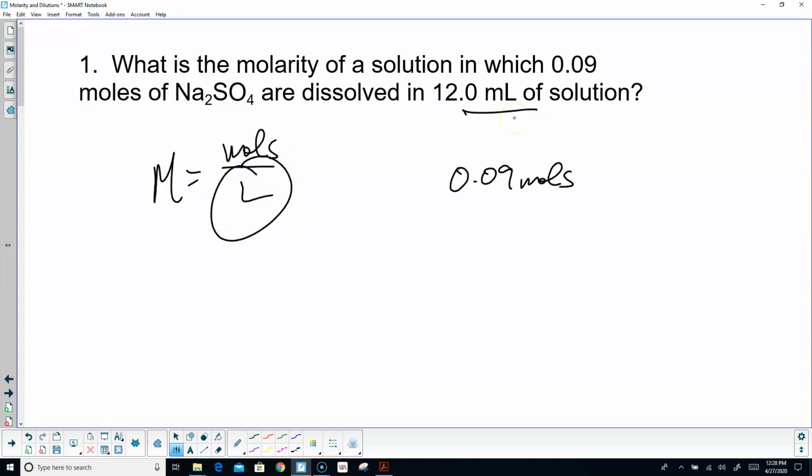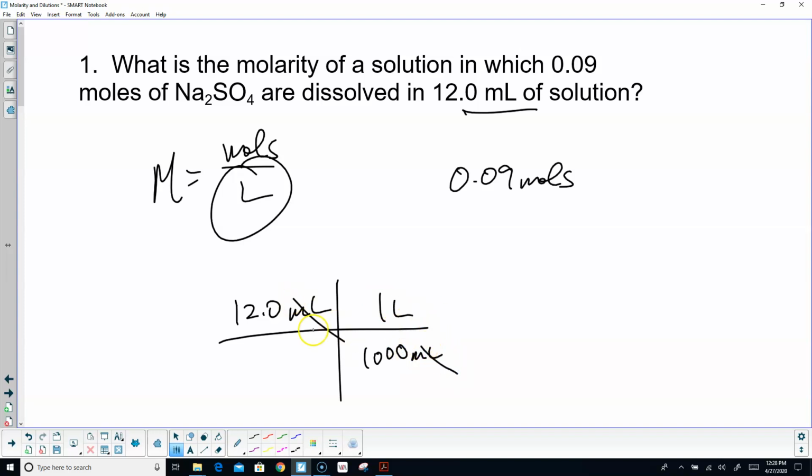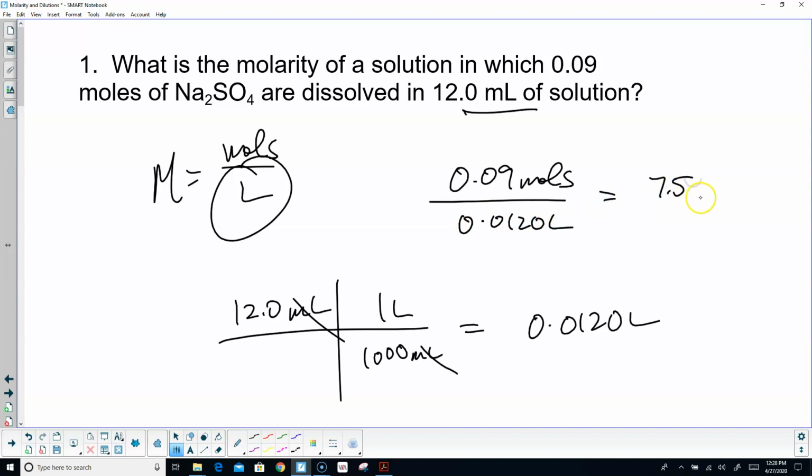There are 1,000 milliliters in every 1 liter. Milliliters cancel, you divide, so what it essentially does is move the decimal 3 places to the left. So this is going to be 0.0120 liters. That's 12 mL, the same thing. When you do that, your calculator is going to spit out 7.5, but notice there's only one sig fig here, so you need to call that 8 molar.